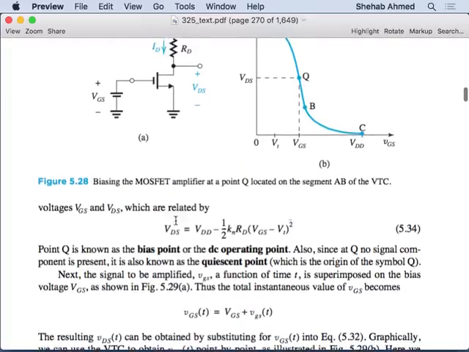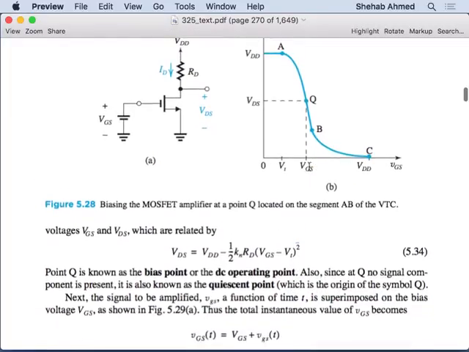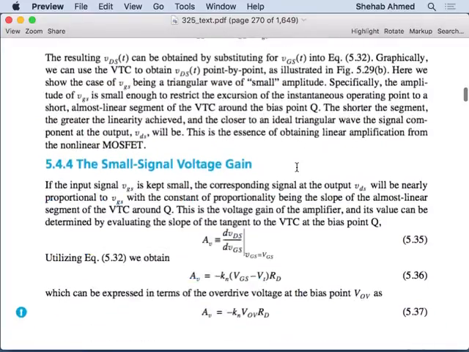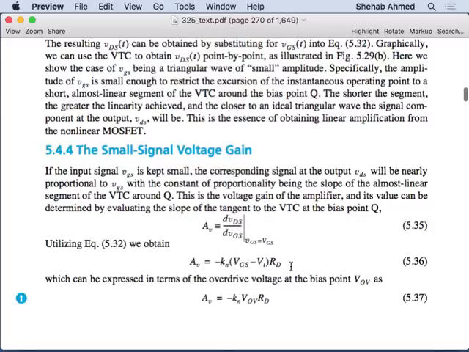Because if you just differentiate this with respect to VGS, you have the slope of this curve between A and B. Whichever point you want, you substitute with your capital VGS value. Okay, so the slope is equal to this. It's in terms of VGS and RD.